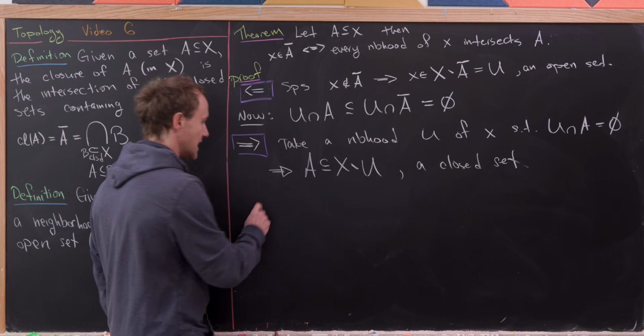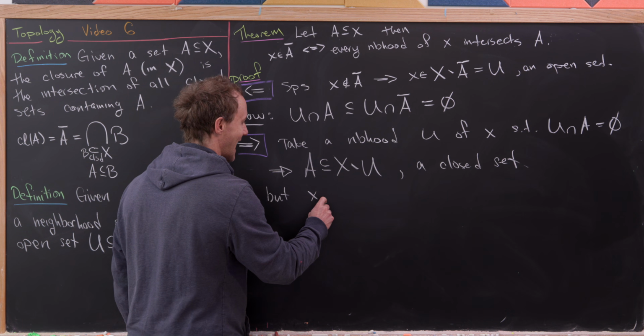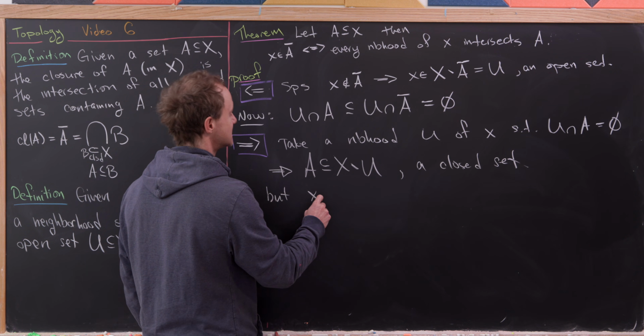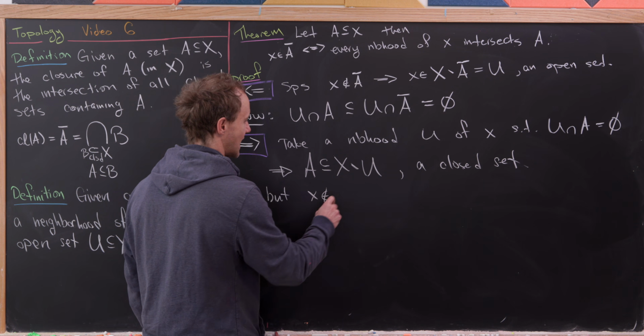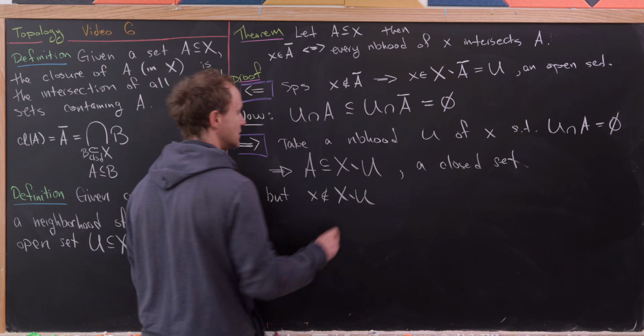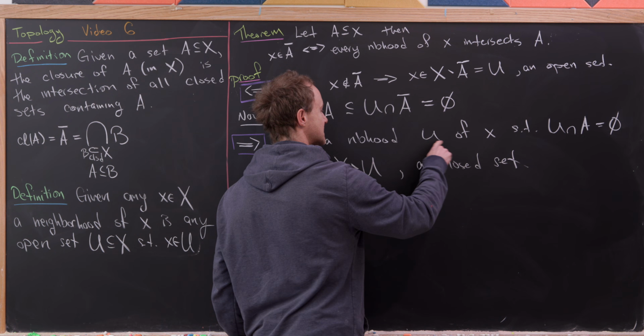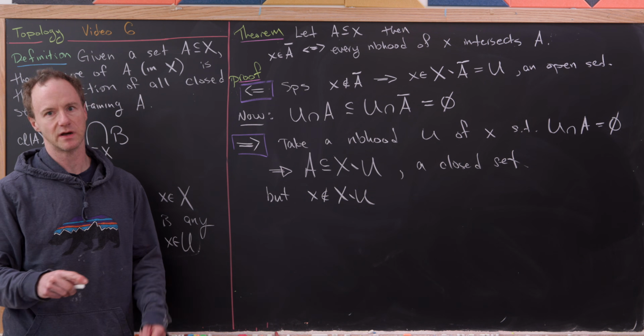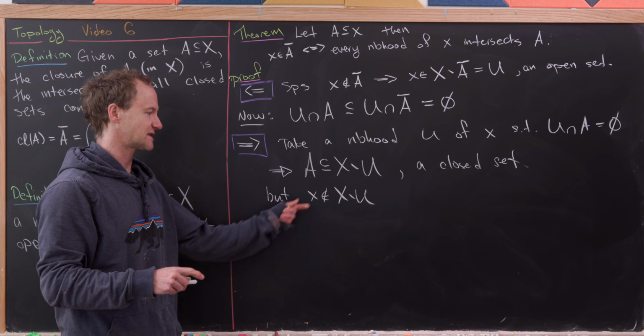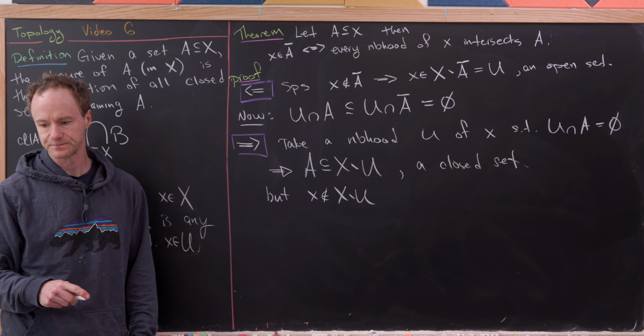Okay, but let's notice that x is not inside of X minus U. And how do we know that? Well, notice that U is a neighborhood of x, meaning that x is inside of U. But if x is inside of U, then x is not in its complement.